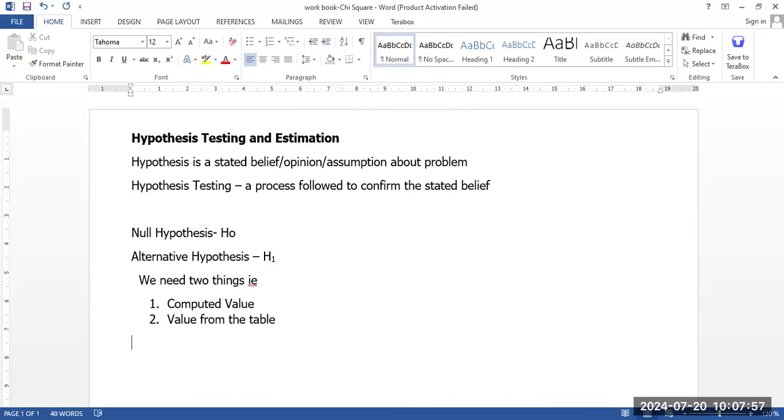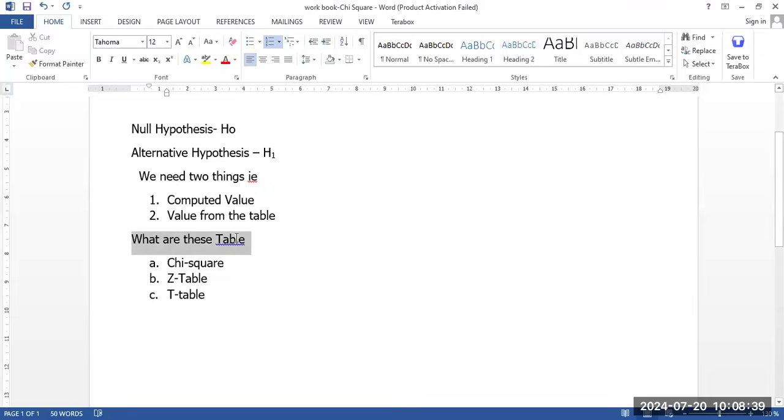And what are these tables we use here? One, you may be using a chi-square table, or you may be using a Z table, or you may be using a T distribution table. So it depends on the question you are handling.